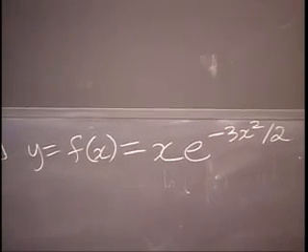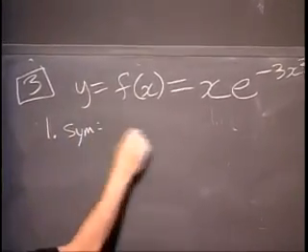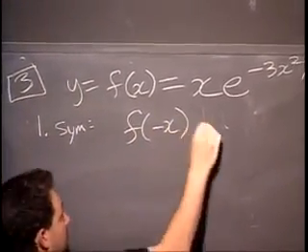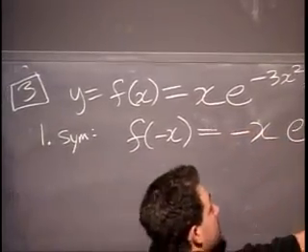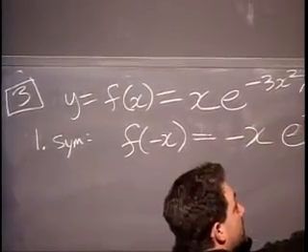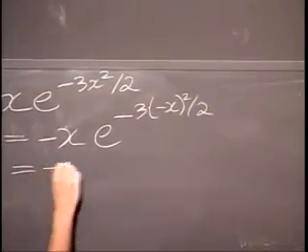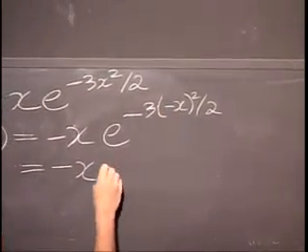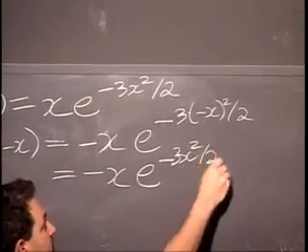All right, let's follow the program. 1, symmetry. What is f of minus x? Well, it's minus x e to the minus 3 minus x all squared over 2. And so, actually, the minus x all squared is just x squared.